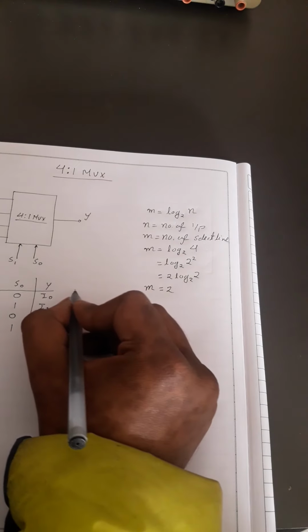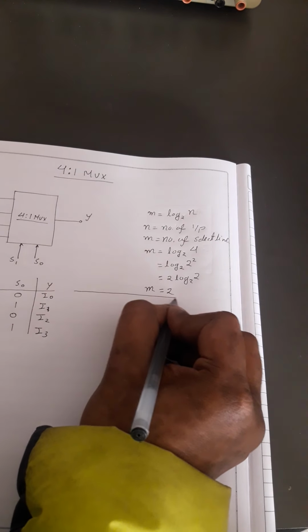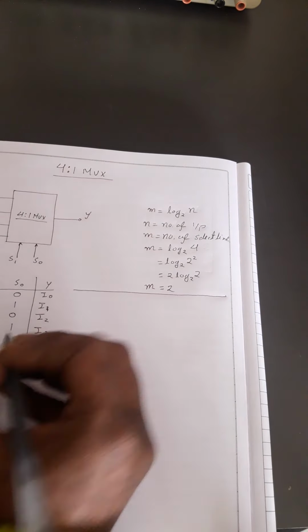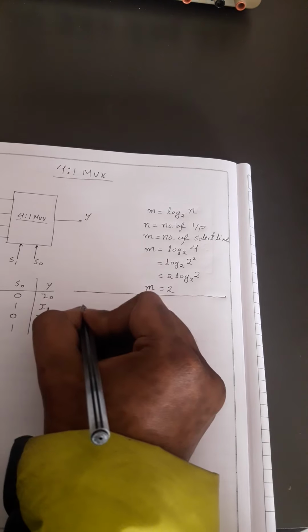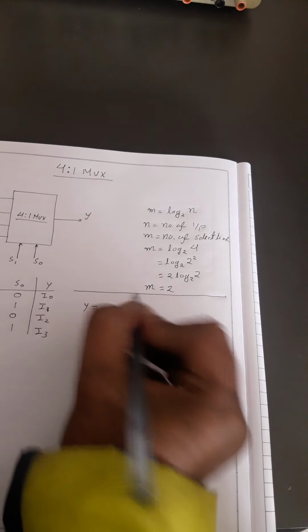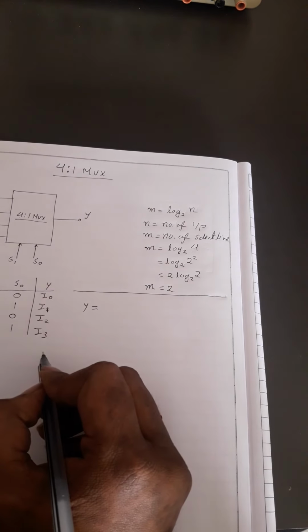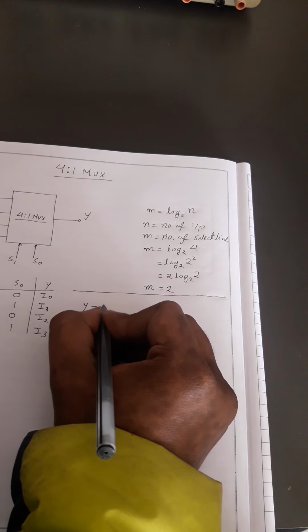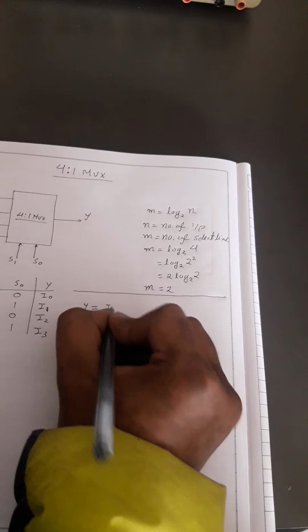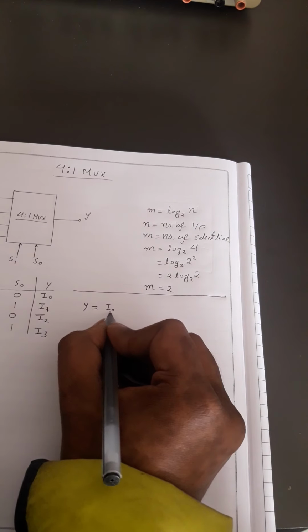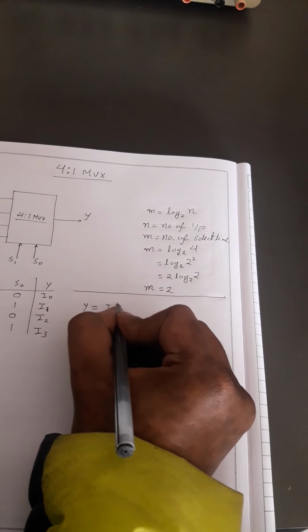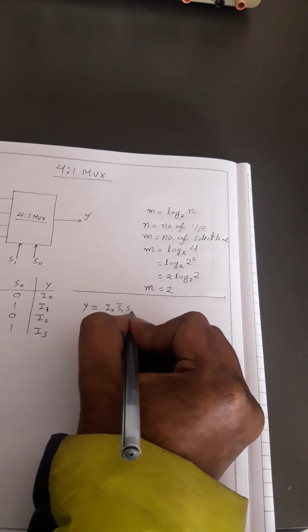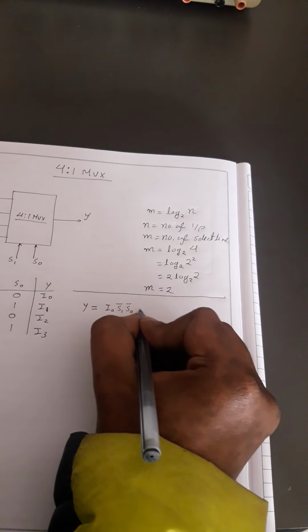I have already shown you how we can build the equation. Let me write it down again. So the equation will be Y equals I0. When will we get I0? When S1 is 0 and S0 is also 0, so S1 bar S0 bar.